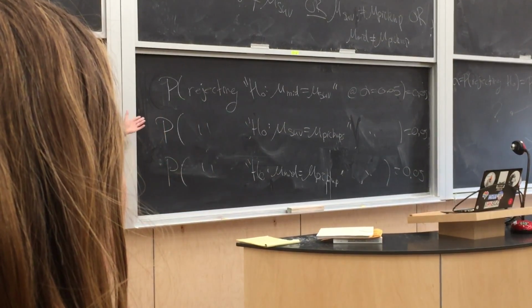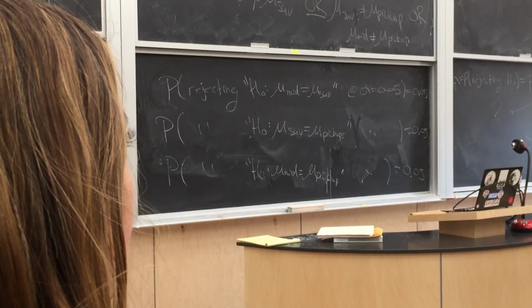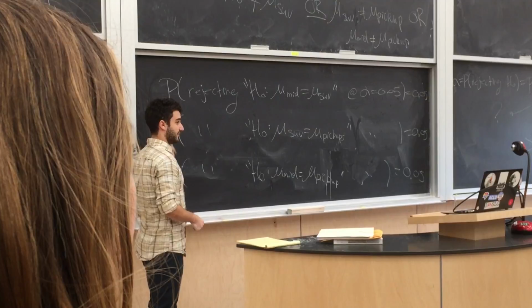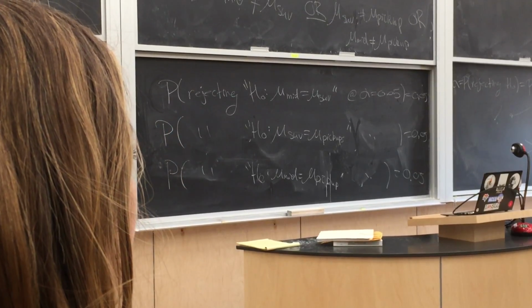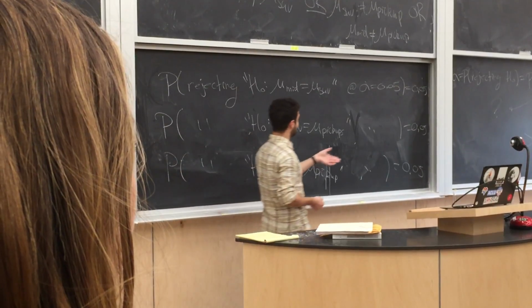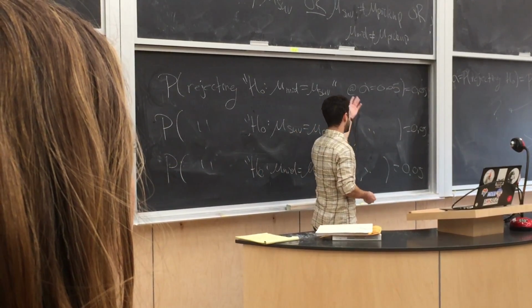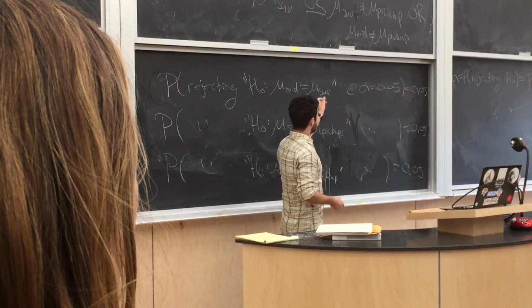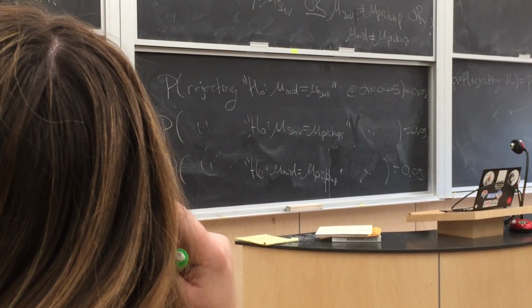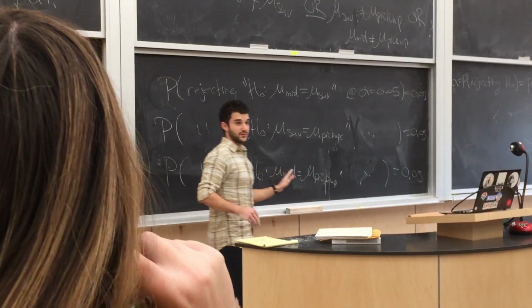That's basically the problem of multiple comparisons: if we repeat this experiment for 3 different things, we're going to get a higher probability of rejecting at least one of these than we are for just doing it once. Any questions on this?